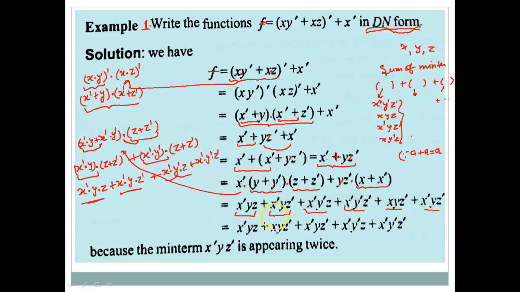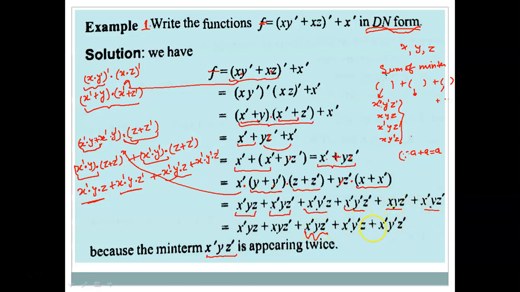Then finally we look at the situation. In fact, x complement y z complement, this term is appearing two times. One is here and another is x y z complement.